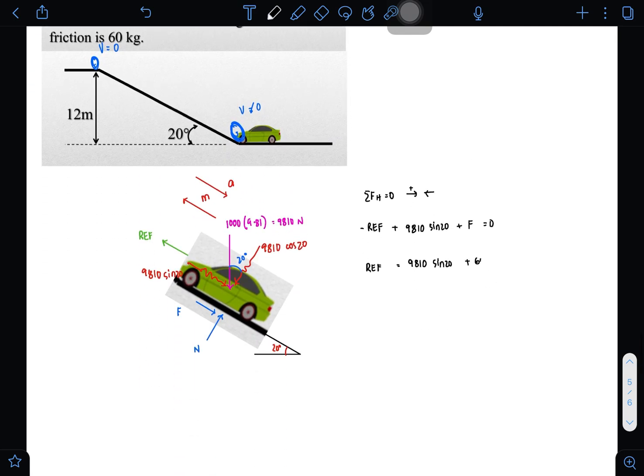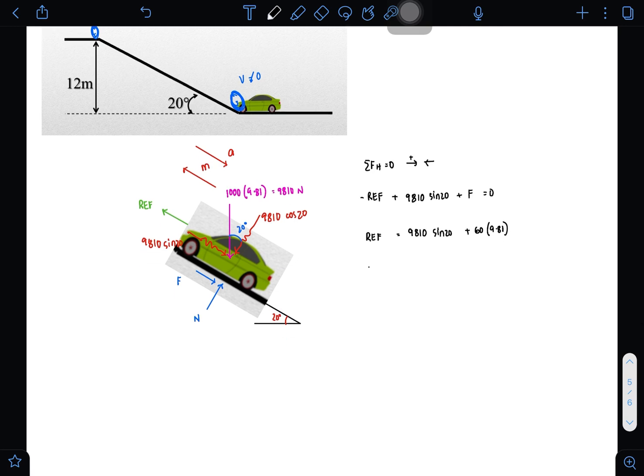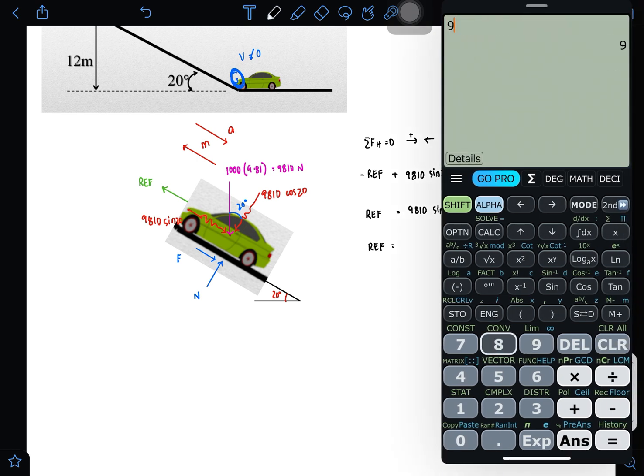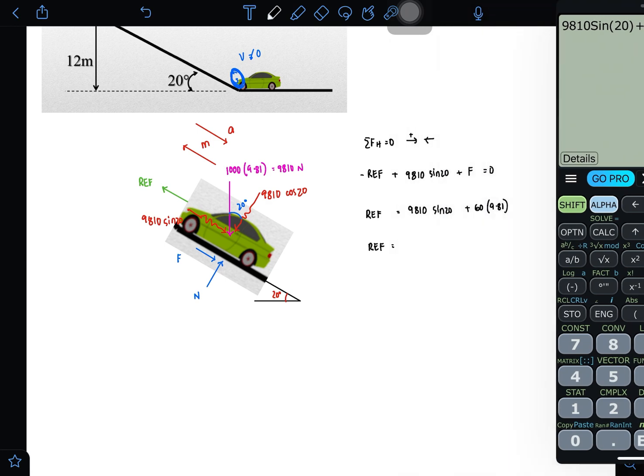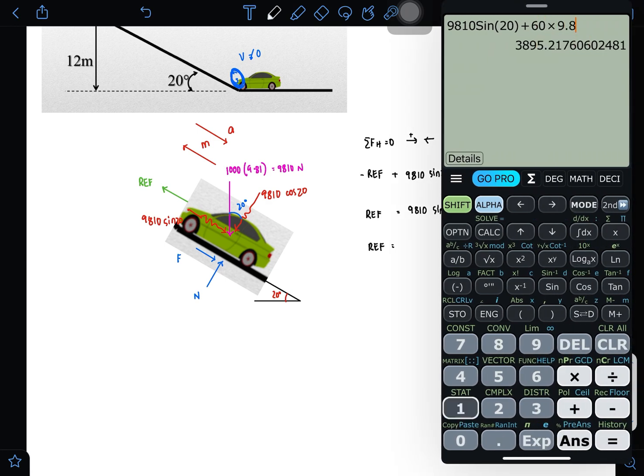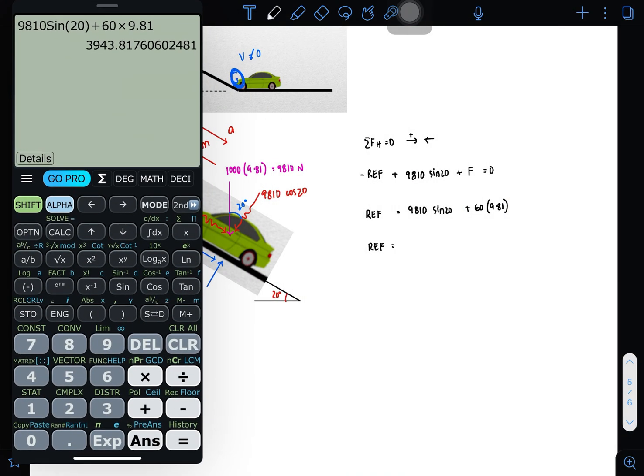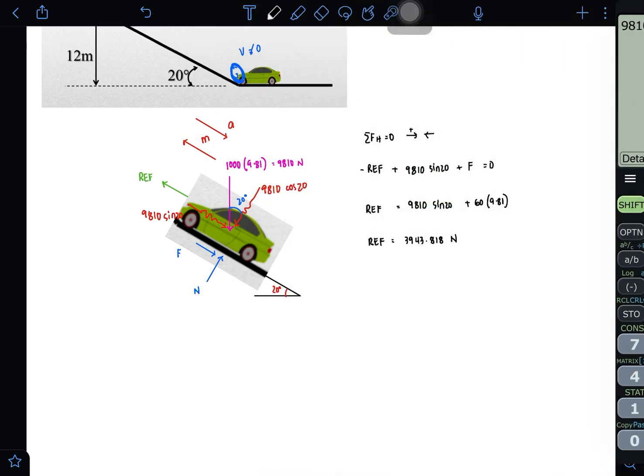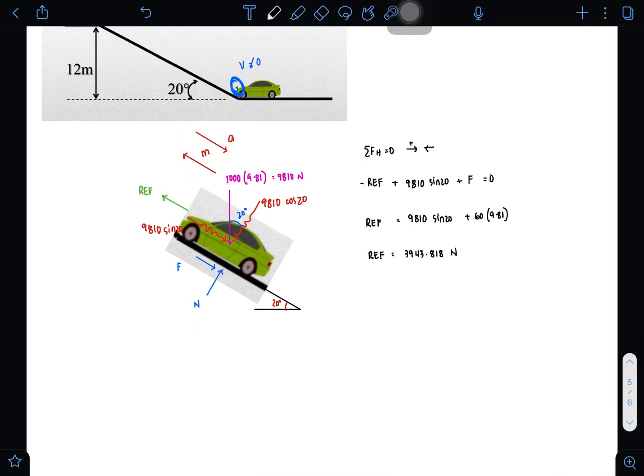But we have to multiply this with 9.81 so that it becomes newtons. So the resultant force is equal to 9810 sine of 20 plus 60 times 9.81. So the resultant force is 3943.818 newtons.